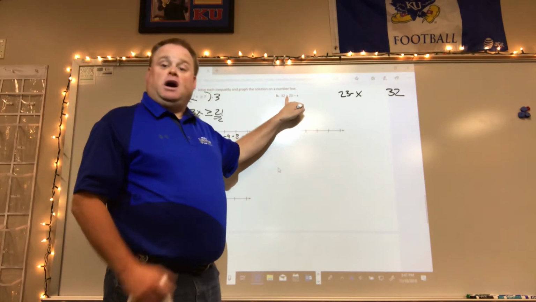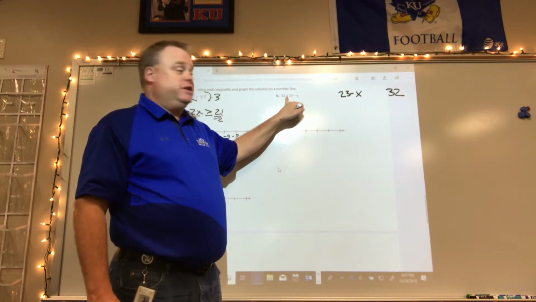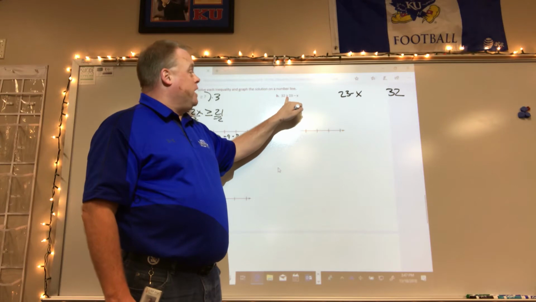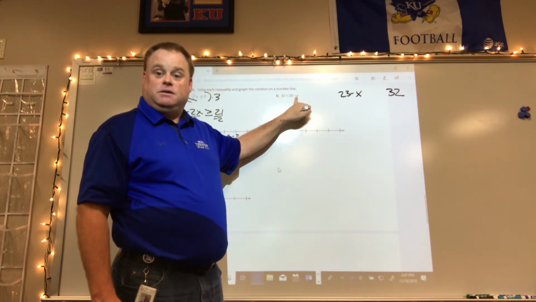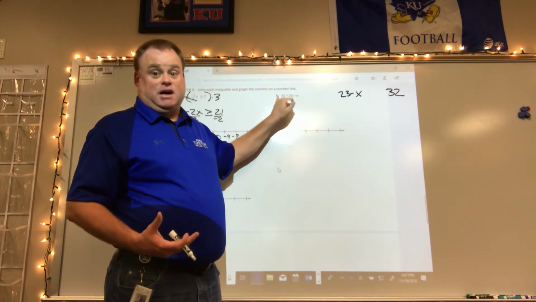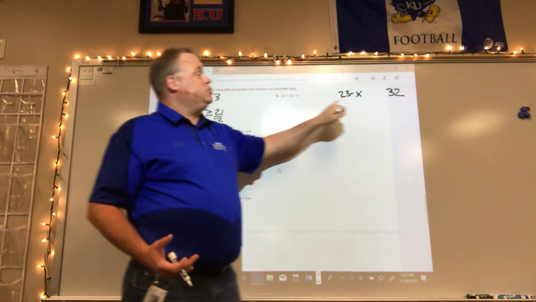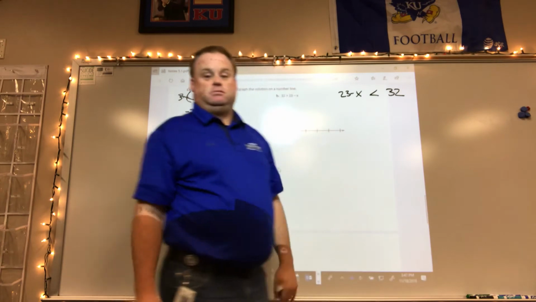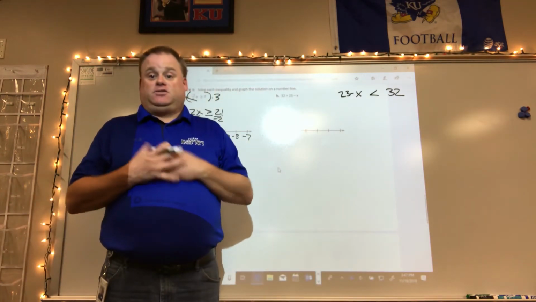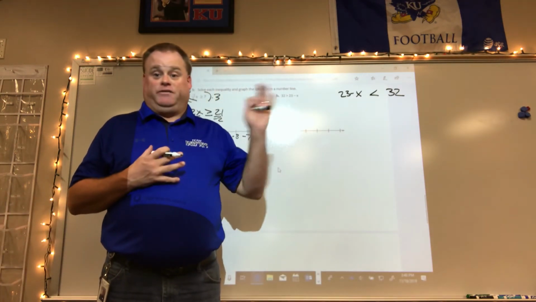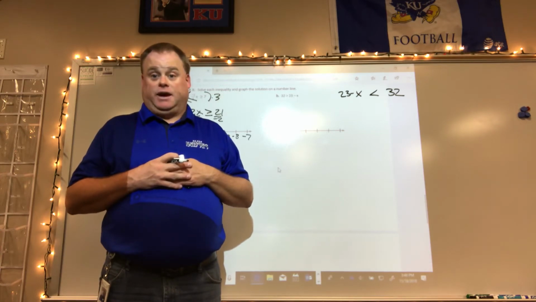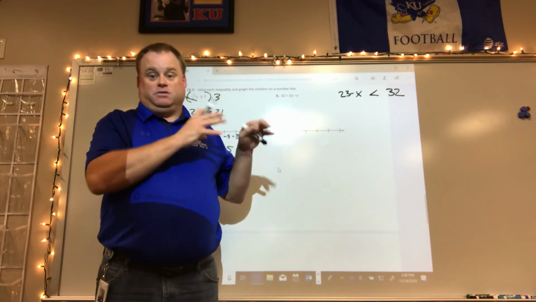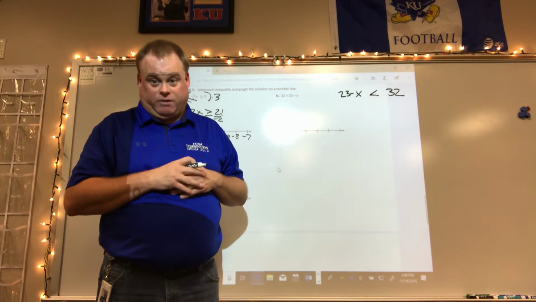It is open to the 32. You're going to see it says 32 greater than 23 minus x, right? That's what it says up here. So I'm going to make sure it's open to the 32. Open to the 32. To me, that's the easiest way to start with a variable on the right-hand side. I always want variables on the left-hand side, especially when I go to graph.